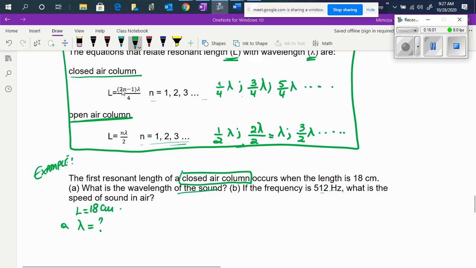As we mentioned here, L is equal to (2n - 1) lambda over 4. So now on this formula, what we know is that L is 18 and we are looking for lambda.